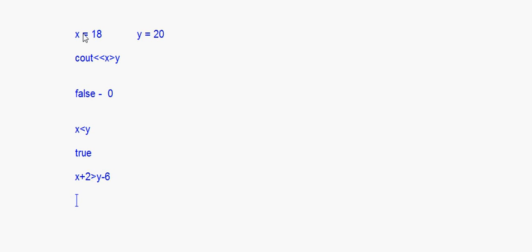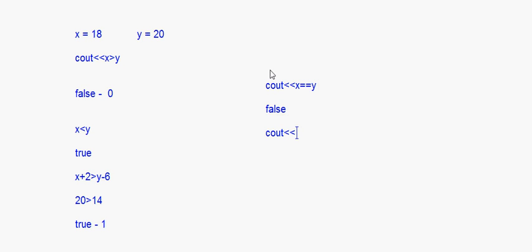So now this is 18 plus 2, it will do first. 20 is greater than y minus 6, so 20 minus 6 is 14. 20 greater than 14 is true, so it should give me 1, like this, right? And cout x equal to y. This is again false because 18 is not equal to 20, right?